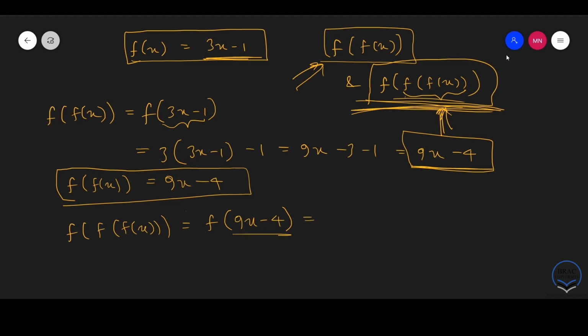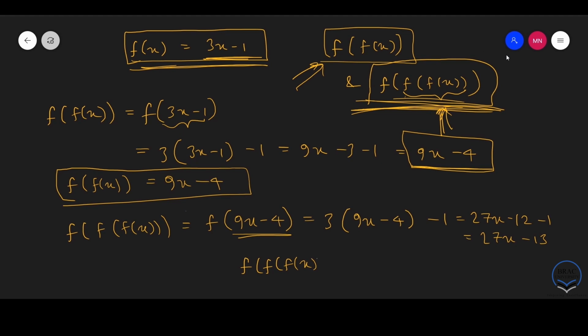We just substitute 9x minus 4 into our original function. So we have 3 times (9x minus 4) minus 1. Right, and this gives us 27x minus 12 minus 1, which is 27x minus 13. So f(f(f(x))) is just equal to 27x minus 13.